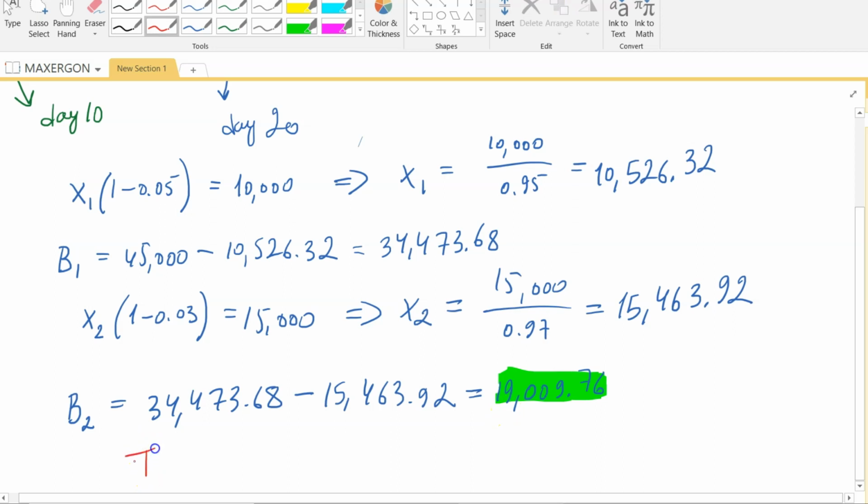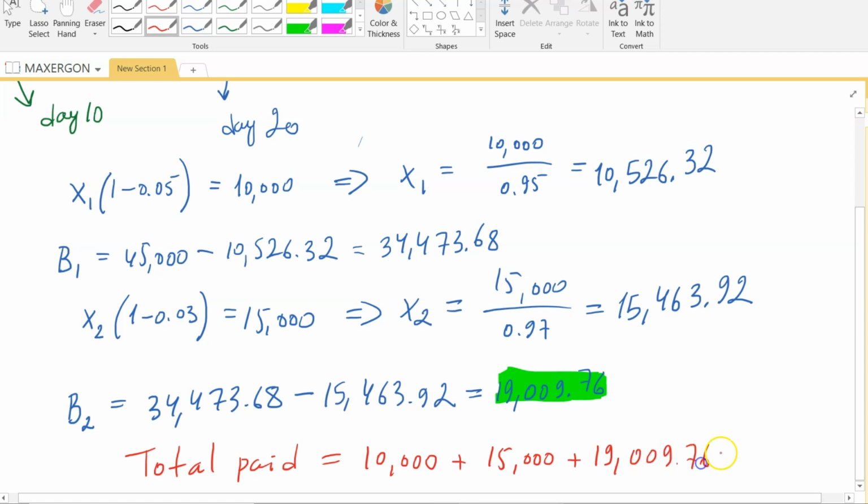Now we can find the total amount paid for this invoice. This total amount consists of the first partial payment, which is $10,000, the second partial payment, $15,000, and also the balance that the company has to pay, $19,009.76.